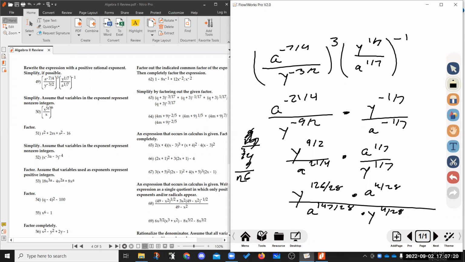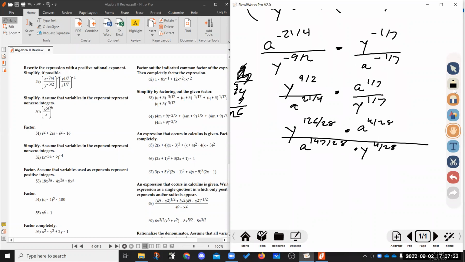Then I'm going to use my rules of exponents to say that bigger exponents in the bottom here, 143 over 28, and this is 122 over 28. Simplify those if I can.